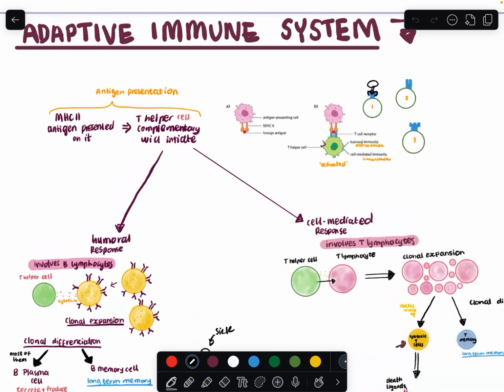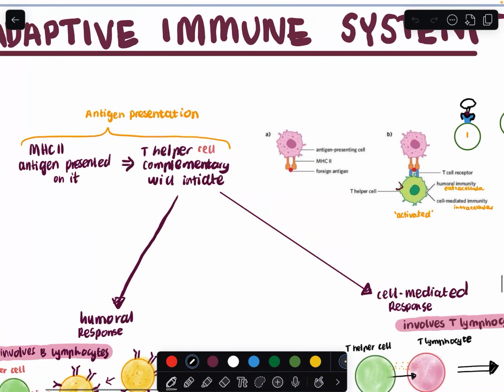Before the adaptive immune system, or the third line of defense, really starts, what actually activates it are cells from the second line of defense known as antigen presenting cells.